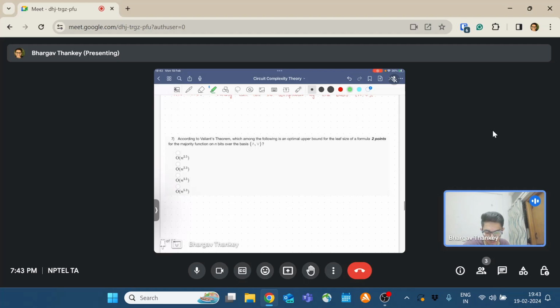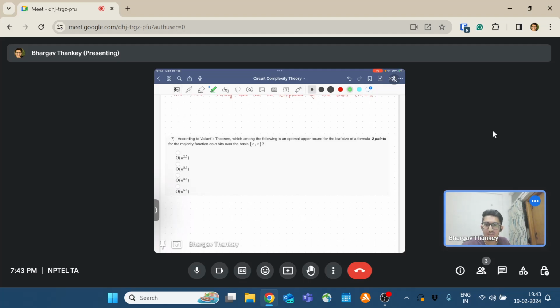According to Valiant's theorem, which among the following is the optimal upper bound on the leaf size of a formula for the majority function on n bits over this basis? N to the 2.5, n to the 2.3, n to the 3.5, or n to the 5.3.